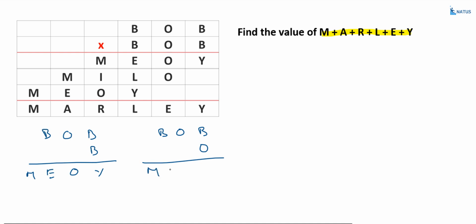That is equal to MILO. And what is the last one? BOB multiply with B, then you will get the last value, that is equal to MEOY. Now, the sum of these three values is equal to MARLGY, right?